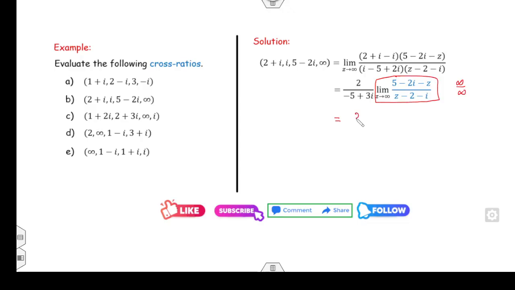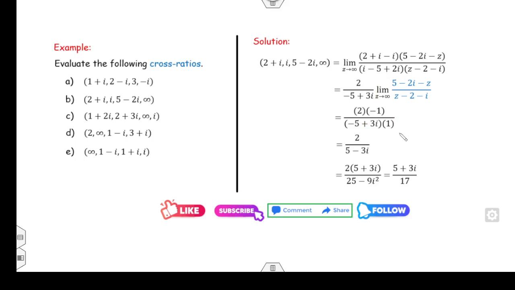I can apply the L'Hopital rule. So this quantity becomes minus 1 and plus 1. Fine. Now you can cross multiply them. After the simplification, you will get the answer as 5 plus 3 iota divided by 7. The part third, fourth and fifth, you can do it on your own. You can try it yourself and let me know your answer in the comment box.